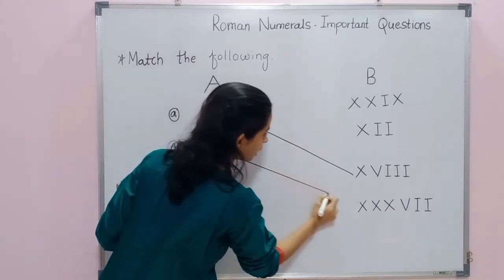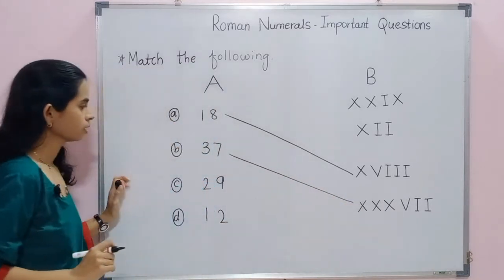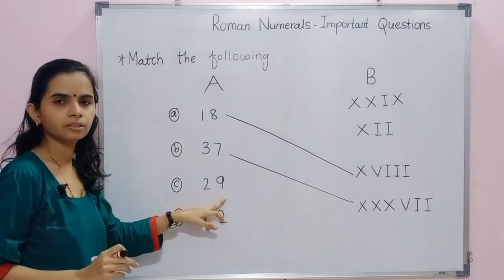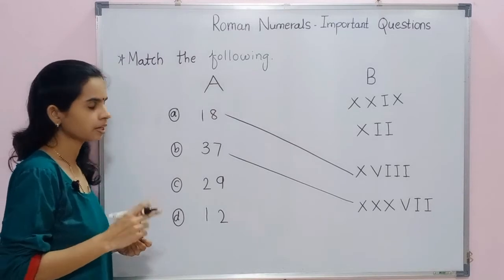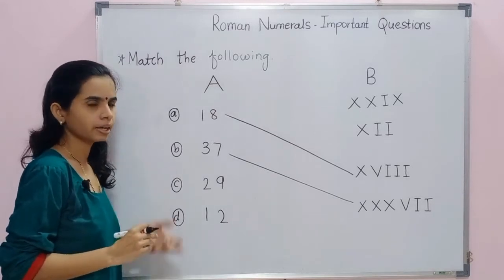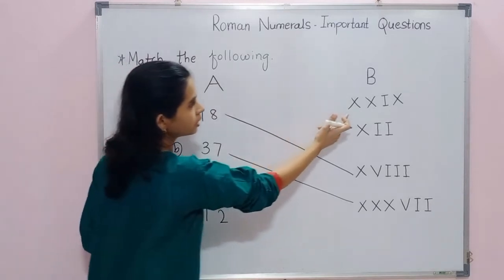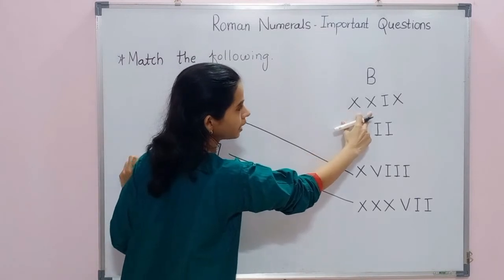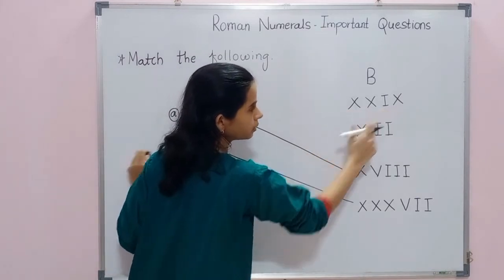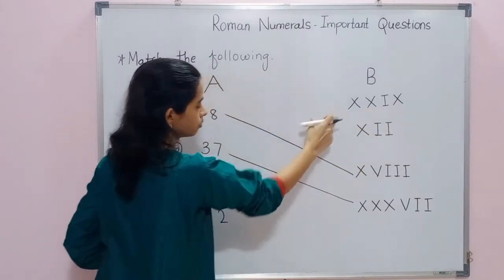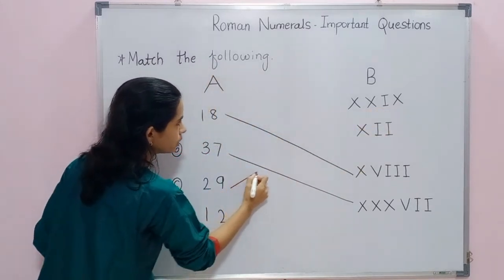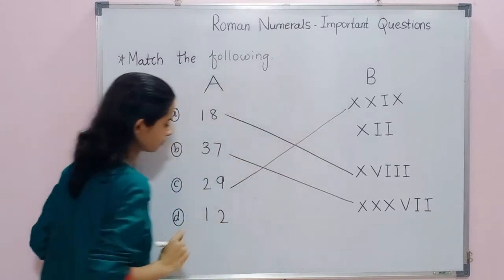We will match them. Then 29. 29 means 2 times X and IX. In this symbol, 2 times X, and 9 can be represented by the symbol IX. So we will match this 29 to this symbol.